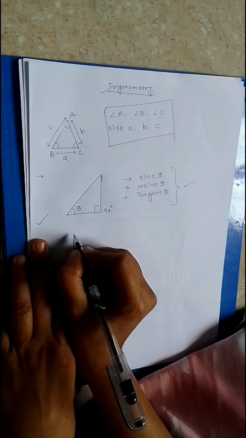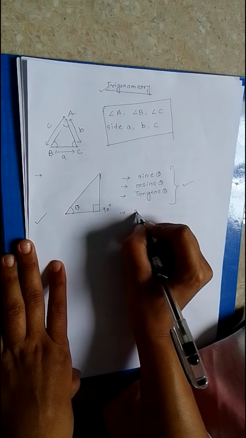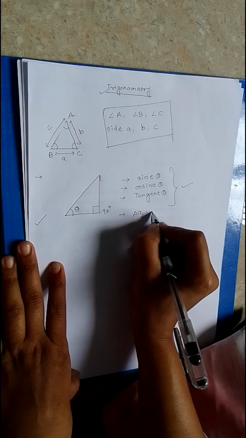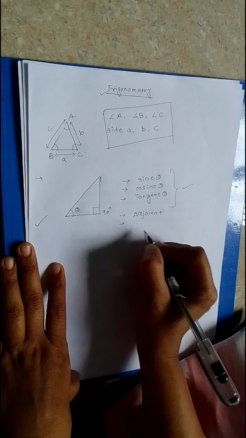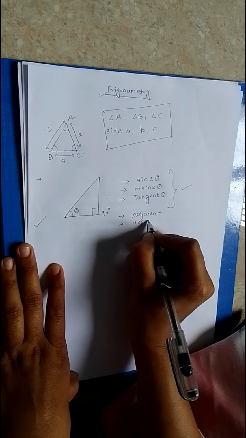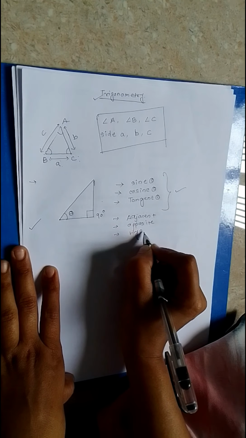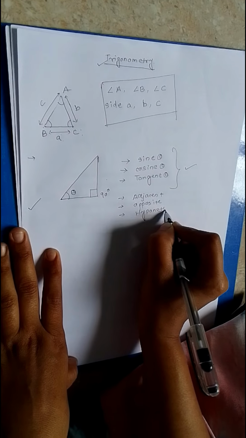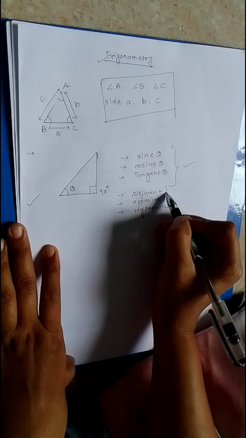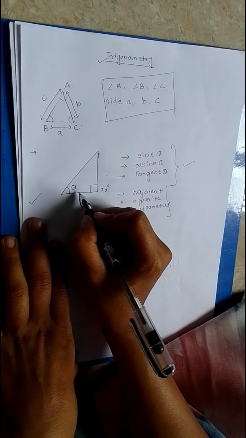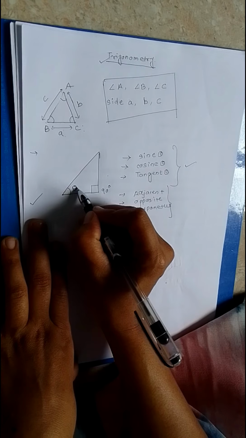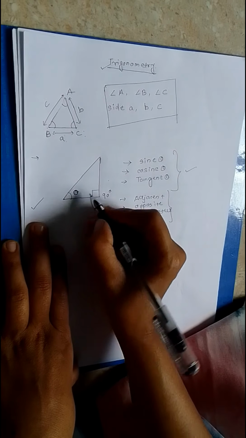Okay, now we will see the adjacent side, opposite side, and hypotenuse in this triangle. Now this angle is theta.